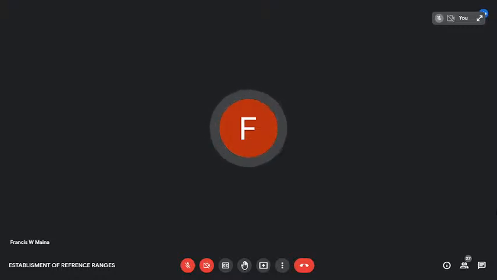So for our student community in K&H, we are not going to use what we usually use, 3.5 to 4.5. We shall be using 3.4 to 4.2 as the reference interval for that group, for that community.